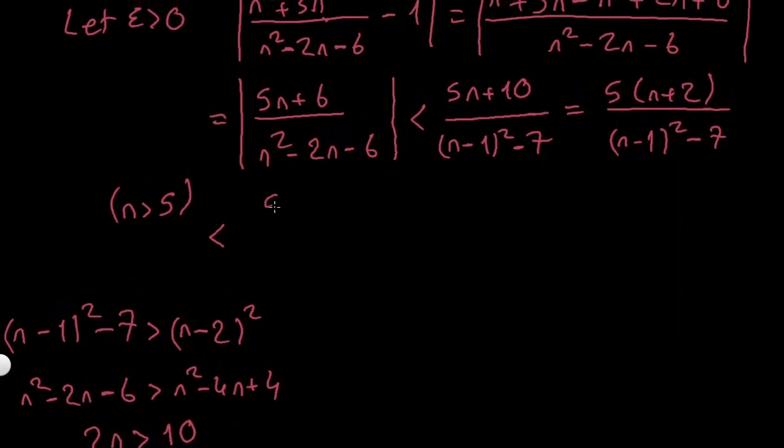So I said 5(n plus 2). I also have absolute values here, so I said 5(n plus 2) over this, which is greater than (n minus 2) squared, so it will be less than 1 over (n minus 2) squared.